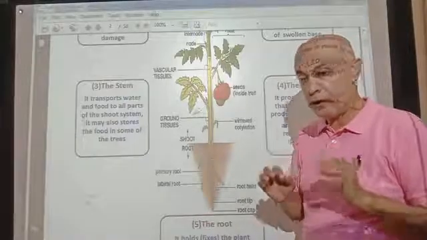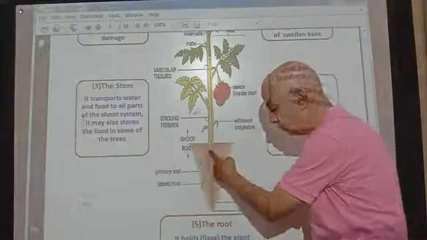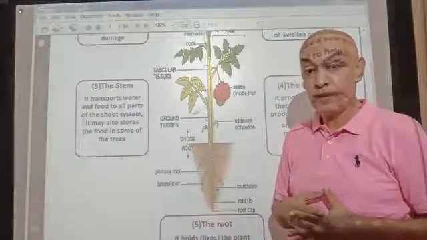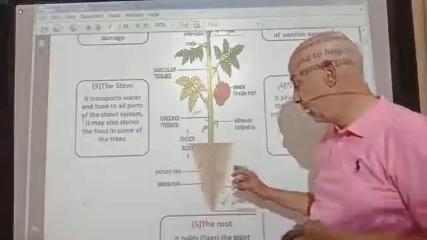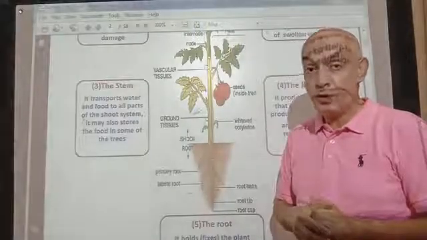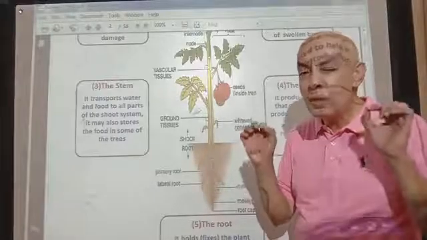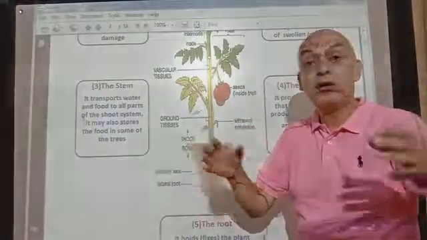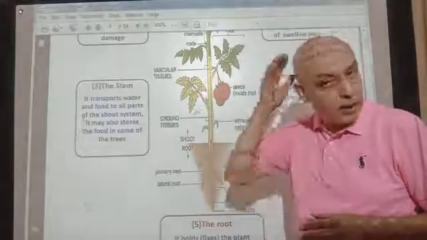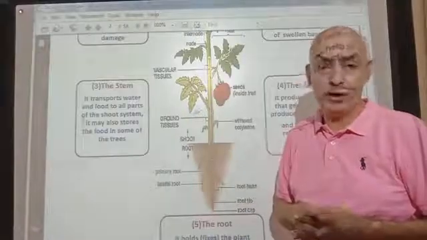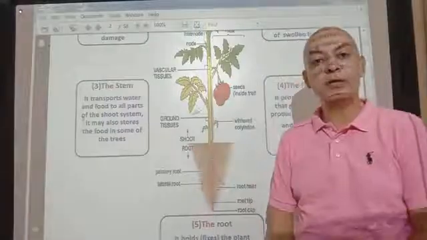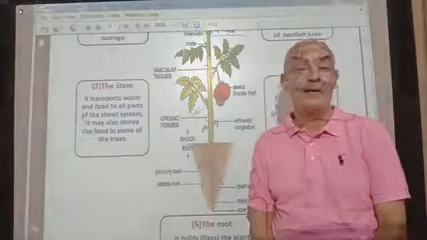So the main part of the root, which is called main taproot, and lateral roots in the form of branches. And if you look carefully at the branches here on the right and left side, you can observe that there are very small branches extending out from the lateral roots, which are called root hairs, like the hairs in the human. So, number 1, the part of the plant that grows under the soil is called root system.